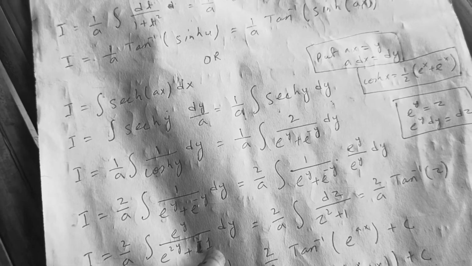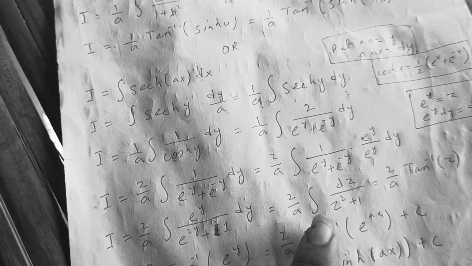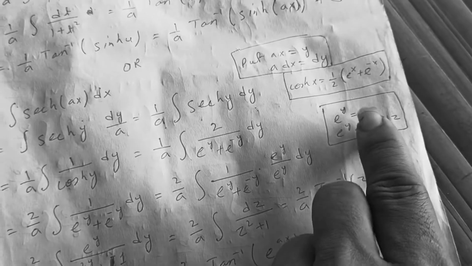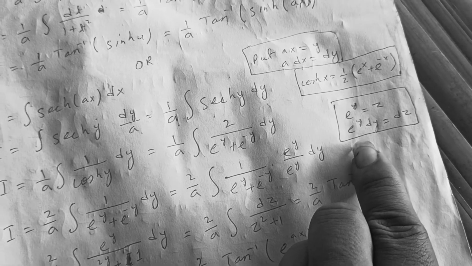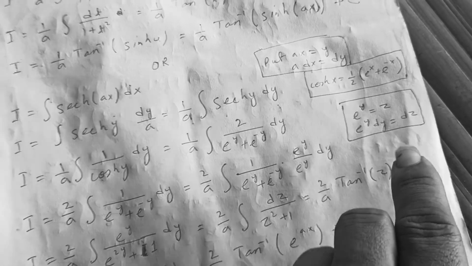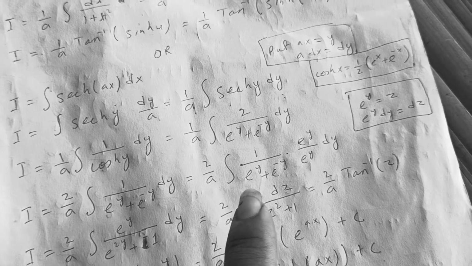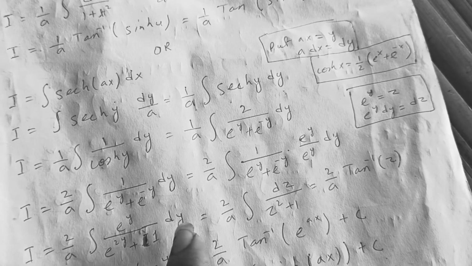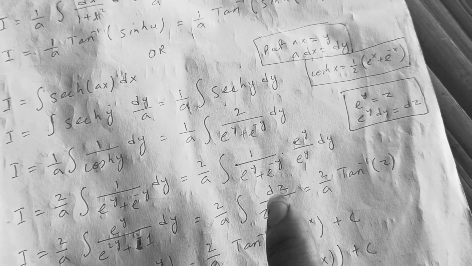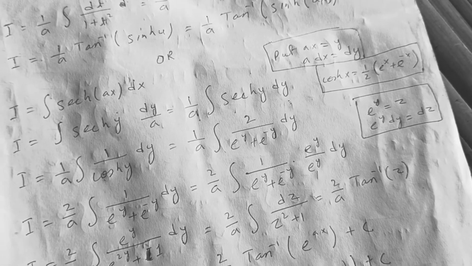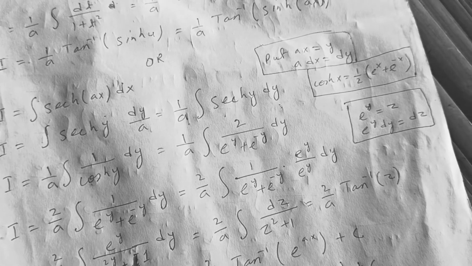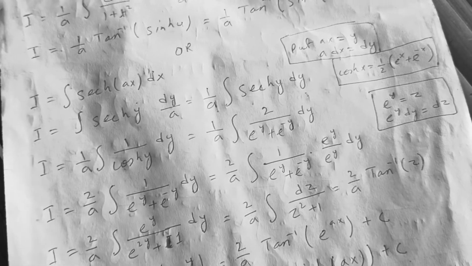Using the exponential law, now substitute e to the y to be z. If I differentiate e to the y, e to the y dy is equal to dz. So we get 2 upon a integration of dz, and e to the 2y is e to the y whole square, which is z square plus 1.